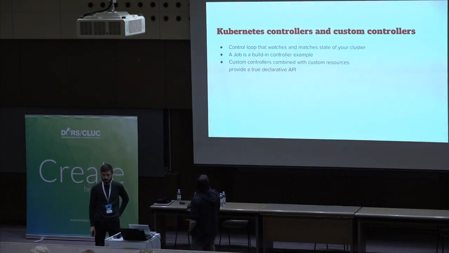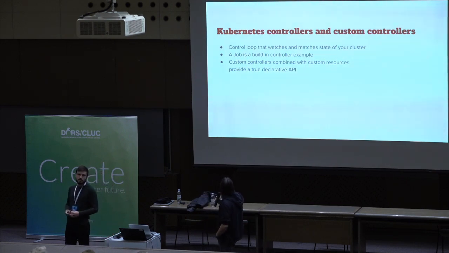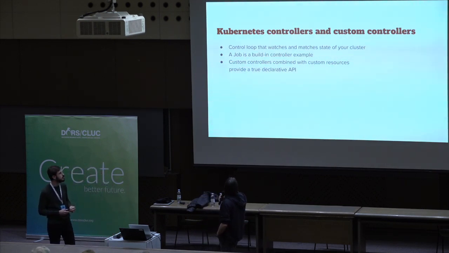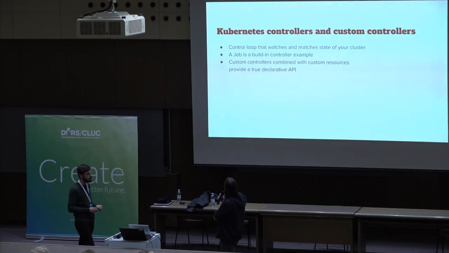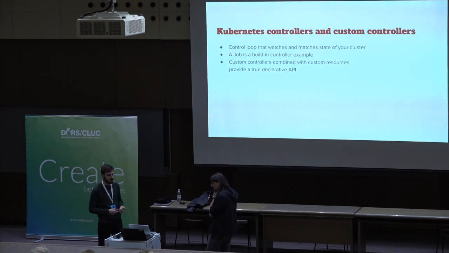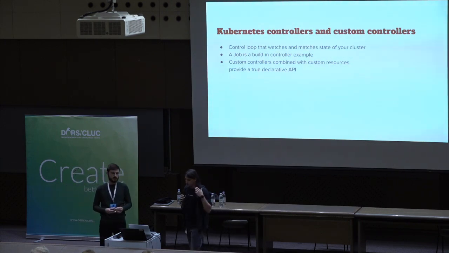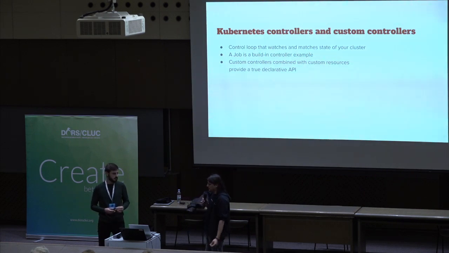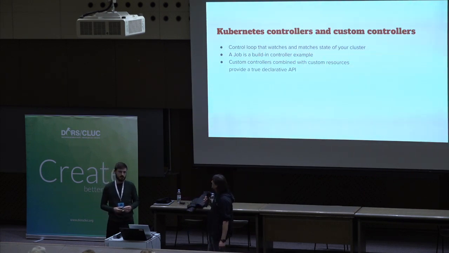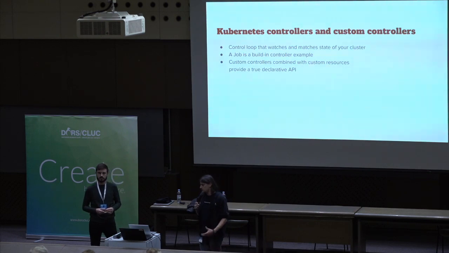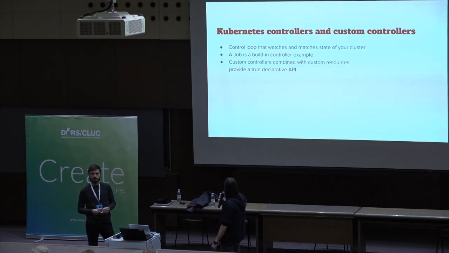So a bit on controllers and control loops. Custom controllers. Basically, when we apply something in Kubernetes, we determine the state we want Kubernetes to be in, and then Kubernetes will always use a control loop to try to match this state.